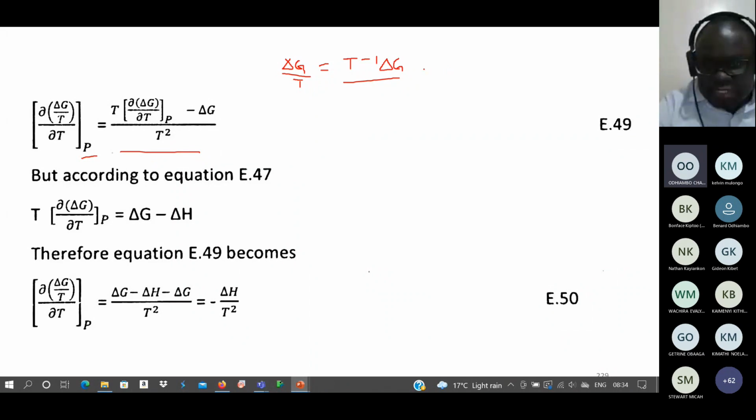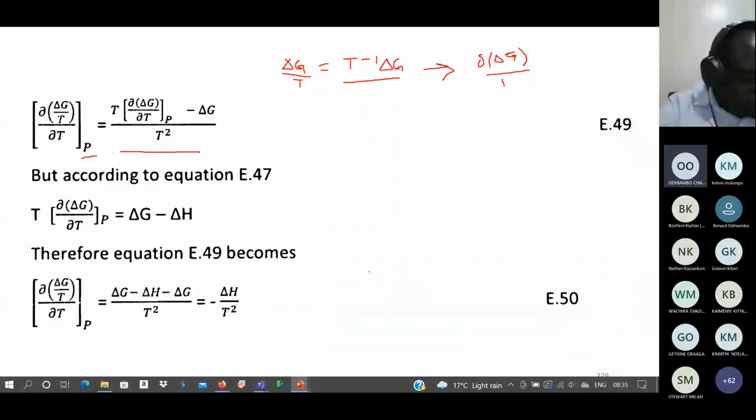So now, differentiating this, you get this delta G. First of all, differentiate this delta G with respect to temperature, keeping pressure constant.